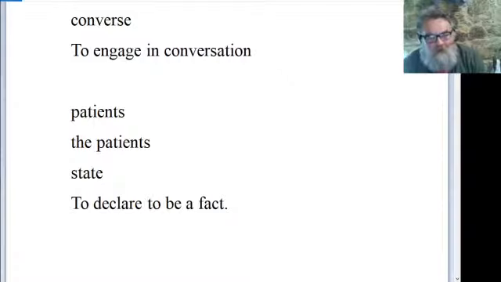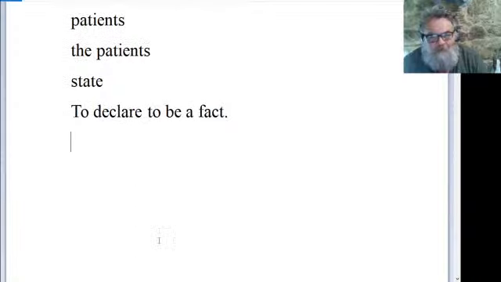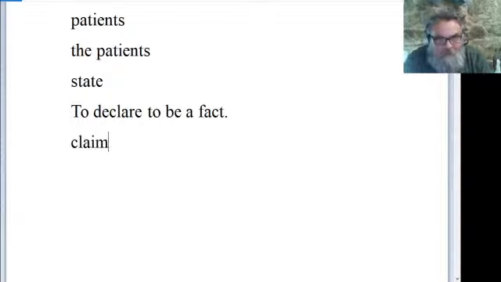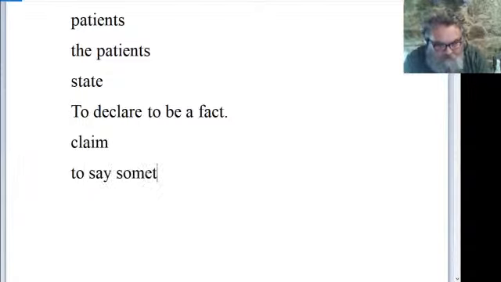The problem is maybe the thing that you state is not true. So he stated that he had no interest in this subject. Yeah, it's to make a statement, and maybe we could contrast this with the verb to claim, to say something is true.